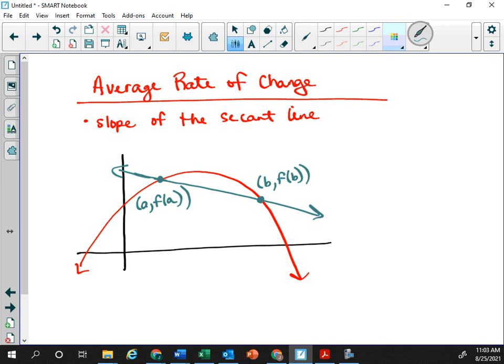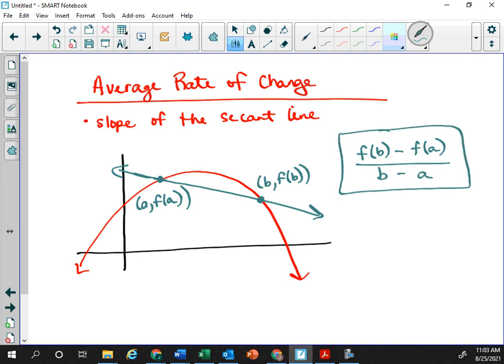Yes, exactly. That's the slope formula. That's what we're going to do here, but instead of y's and x's, we have these f of a's and b's. So my formula is just going to be f of b minus f of a over b minus a. But do you see how that's really just slope? It's just written in fancy function notation for you.